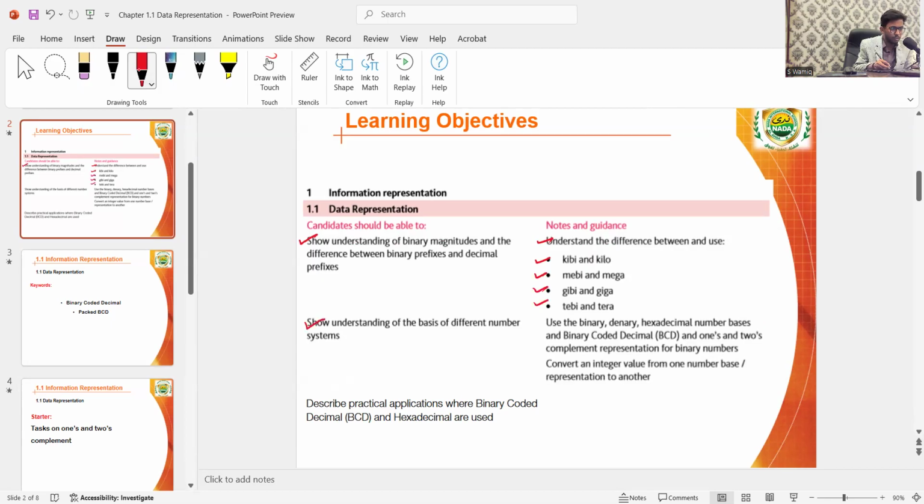In today's class, I'm going to discuss one's complement and two's complement for binary representation, along with BCD numbers and their practical application. So this is what we are going to discuss.